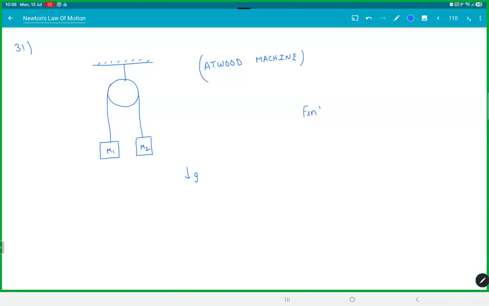Find tension in the string and the acceleration of the blocks. Which one is bigger doesn't matter. Assume anyone is bigger. The science will take care of it. That's one good thing in NLM.